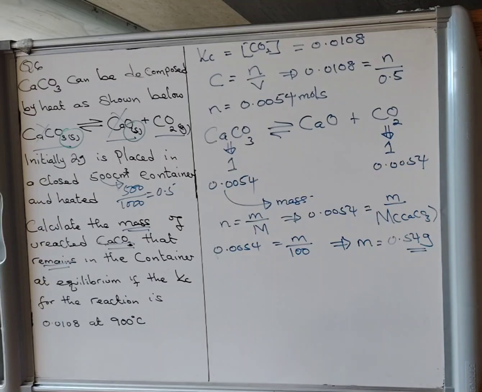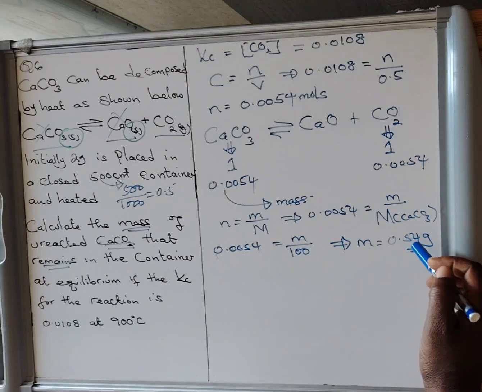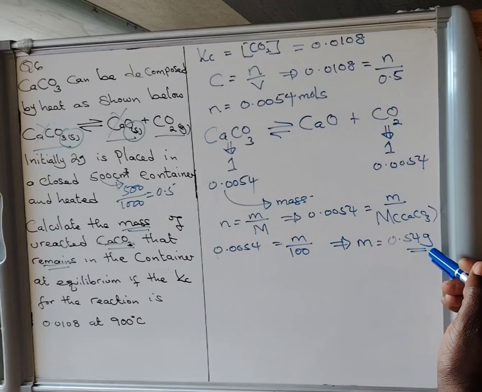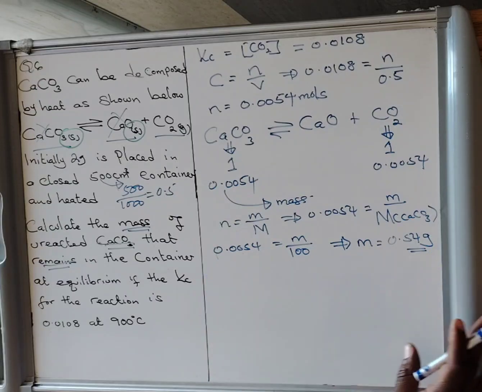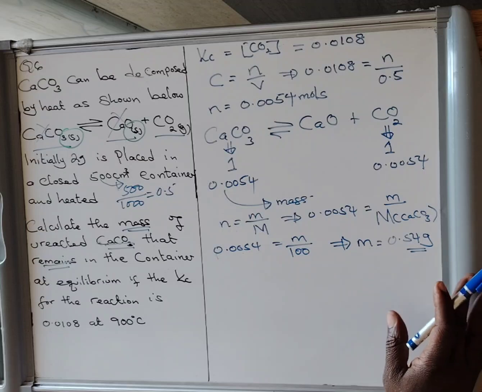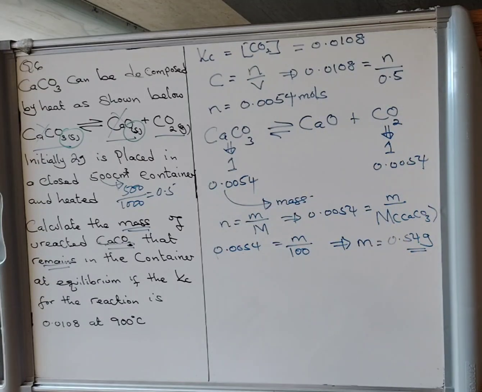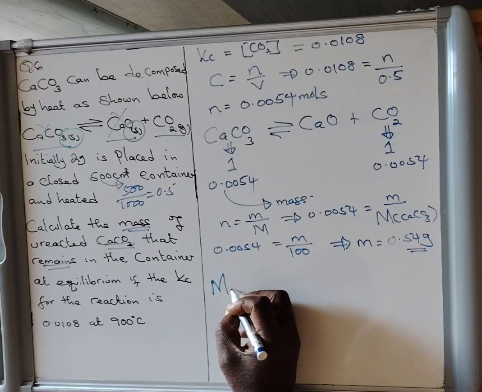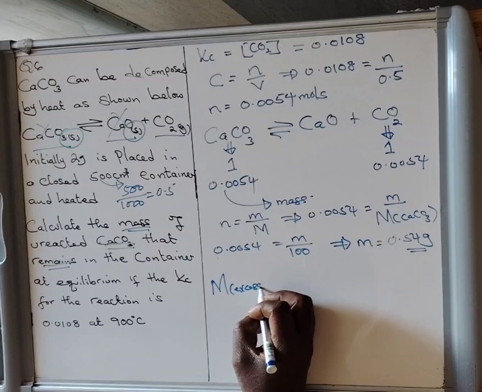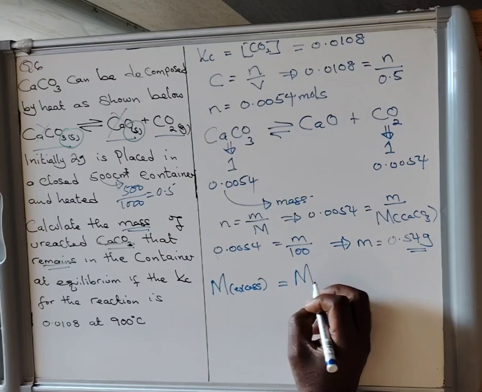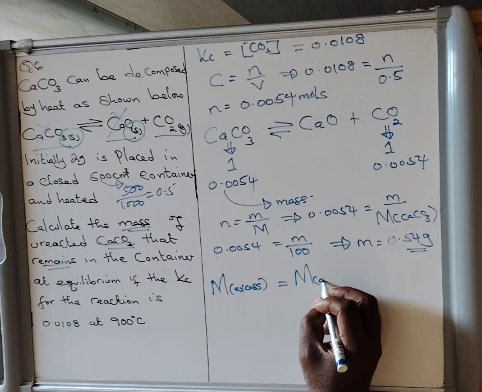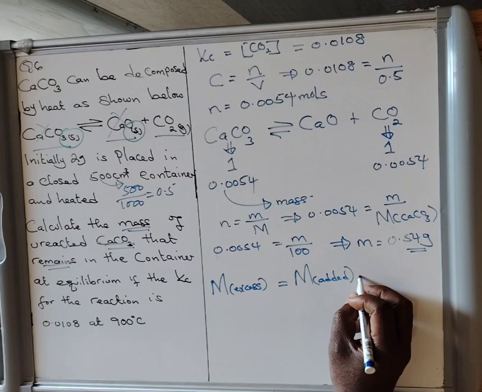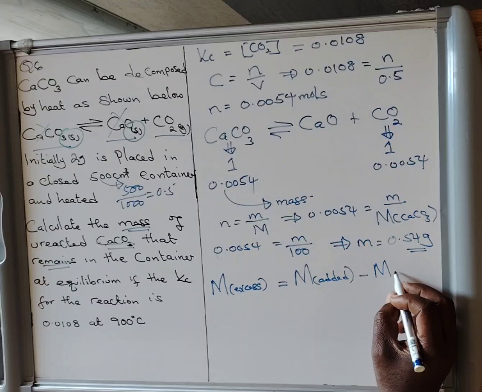But now we have to know, what is this mass? This is the mass of calcium carbonate which decomposed to give you carbon dioxide. And the question is looking for the mass which remained in the container. So what do we do under this circumstance? You say mass in excess or mass unreacted is going to be mass added minus mass reacted.